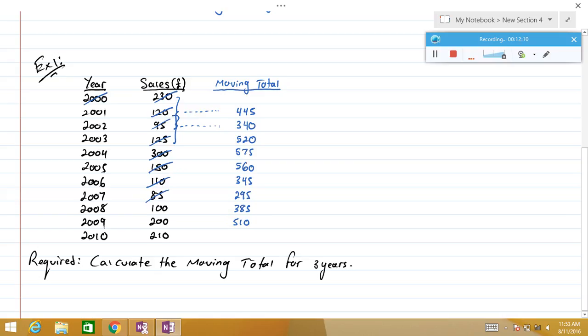Check, did you get this answer? You keep cutting until you cannot get a total of 3 years, then you stop. So now you know how to calculate the moving total. Very good.